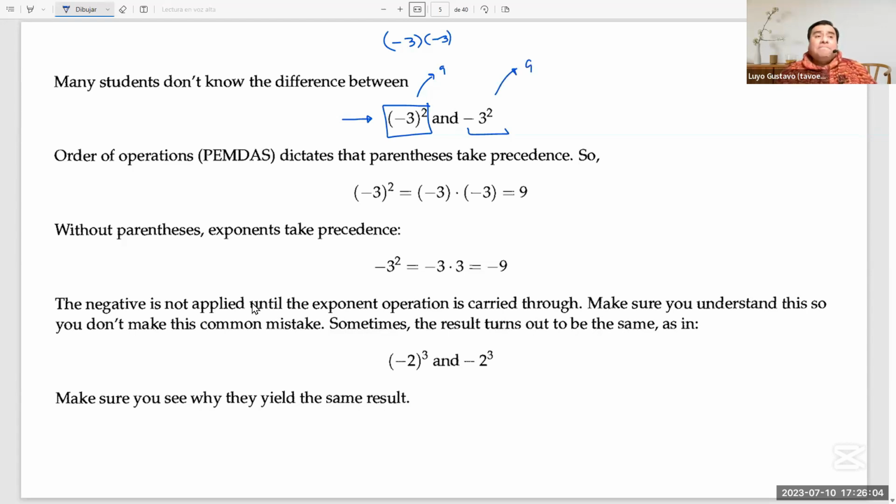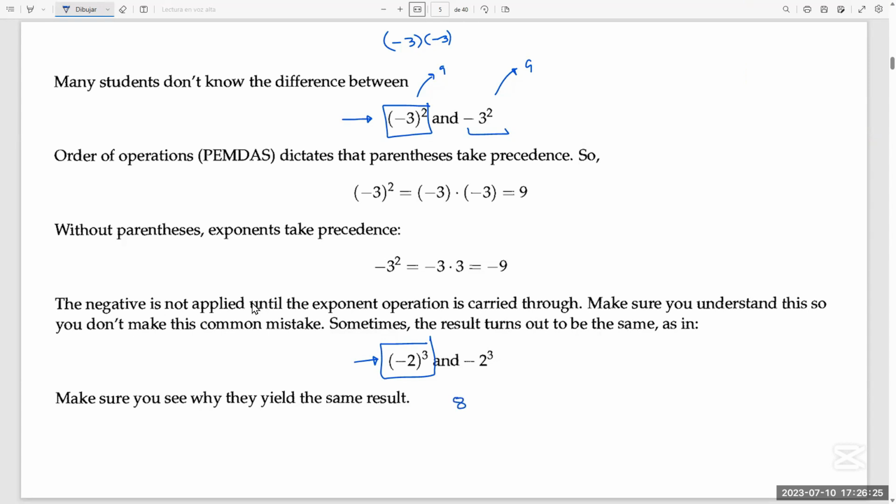Okay, and it's possible that sometimes these two expressions, although different in form, can yield the same result. For example, what is this? -2 cubed. 8? Oh, I'm sorry, what? Is that correct? No, that's -2 cubed, -8.